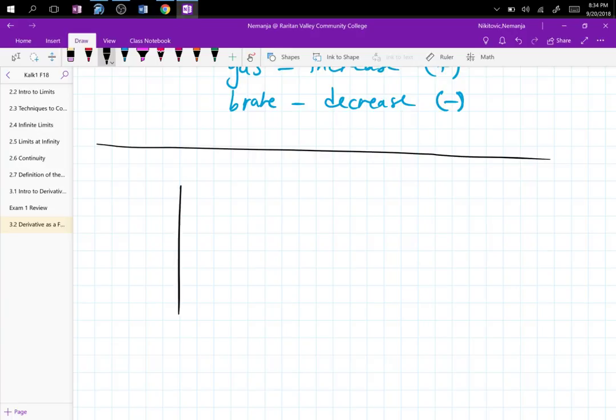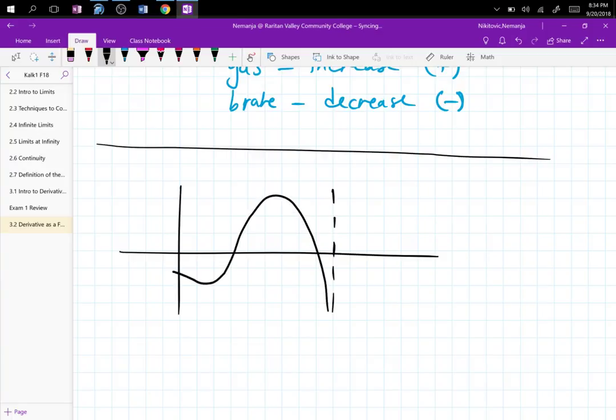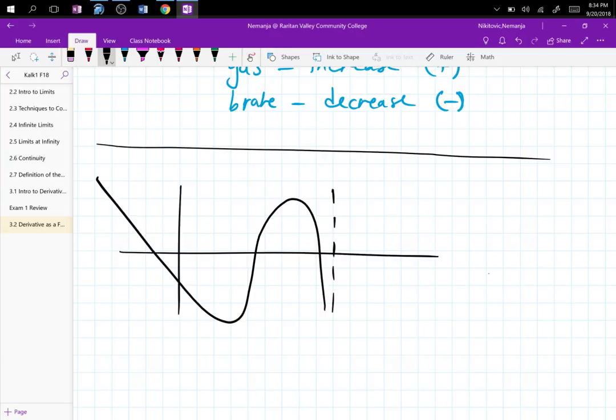And I'm going to draw a squiggle, and I'm also going to toss in at least one vertical asymptote. So let's say we have that. That was terrible. There we go. And on the other side, we just have this. How about that?